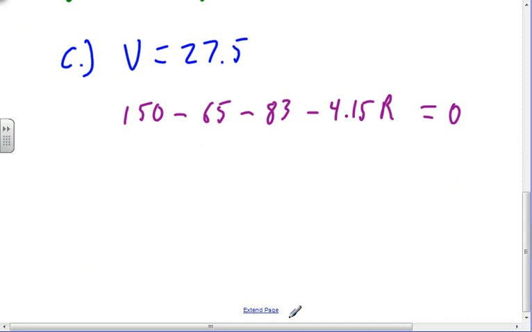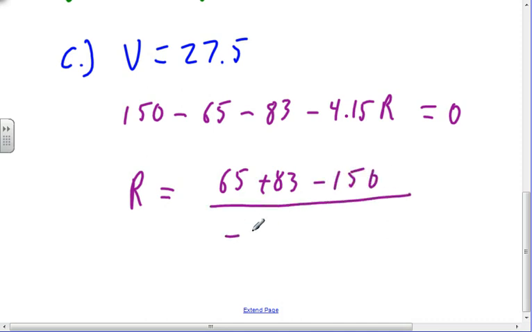Again, I get to that happy conclusion. One equation, one unknown. And R is going to be, I'm going to put these guys on the other side of the equation: 65 plus 83 minus 150 divided by minus 4.15. Okay, so 65 plus 83. Oh, I'm not clearing this thing.